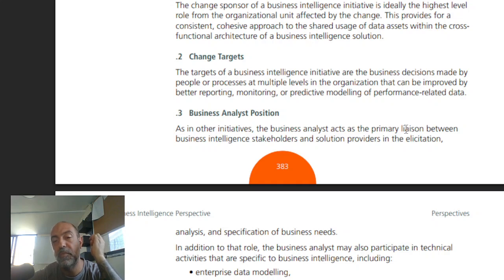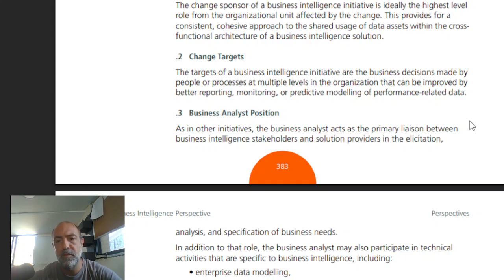All right, this is one sentence, which is why I'm not able to highlight the one thing. Instinctively, I have something in my mind telling me: what are the things you want to change, and ultimately these things that you change are going to impact the rest of the organization. So, processes at multiple levels in the organization that can be improved by better reporting, monitoring, or predictive modeling. Okay.